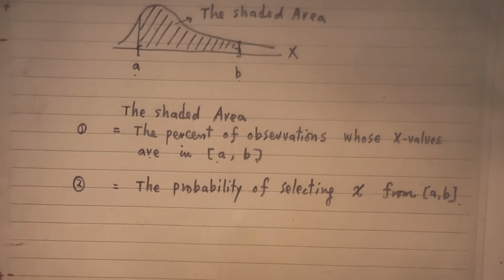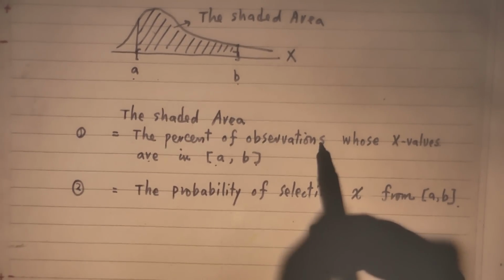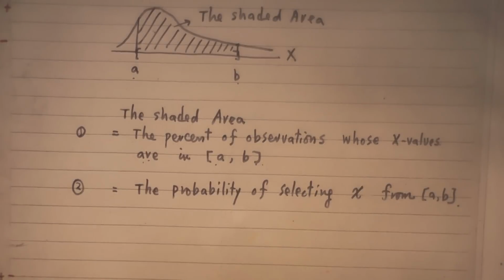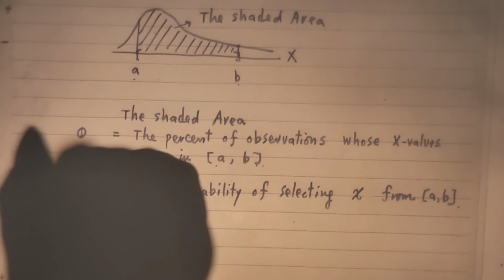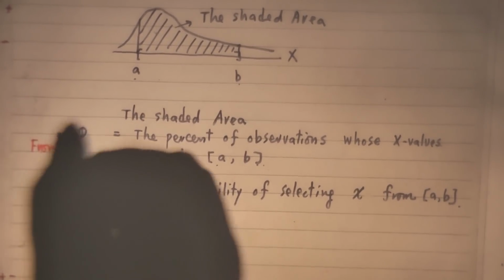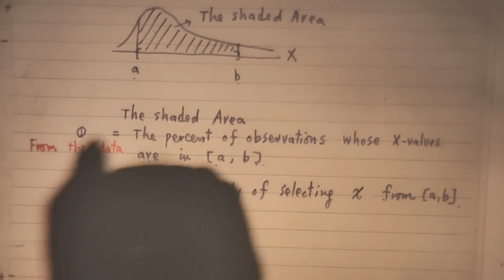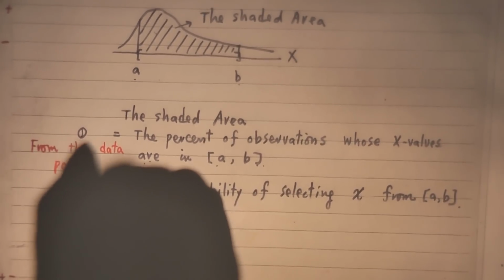The first one, the percent of observations whose x value are in A to B, is from the data point of view.